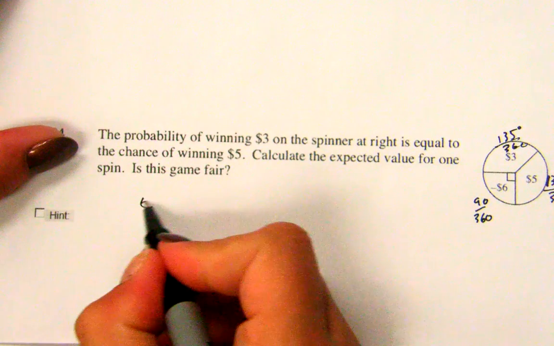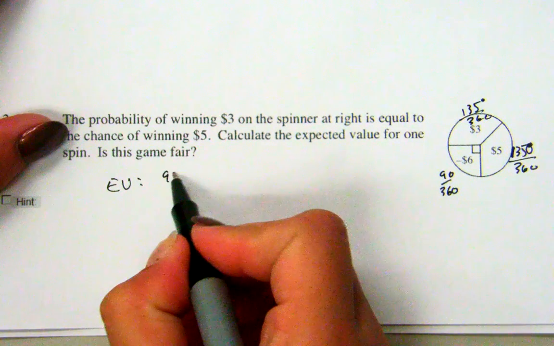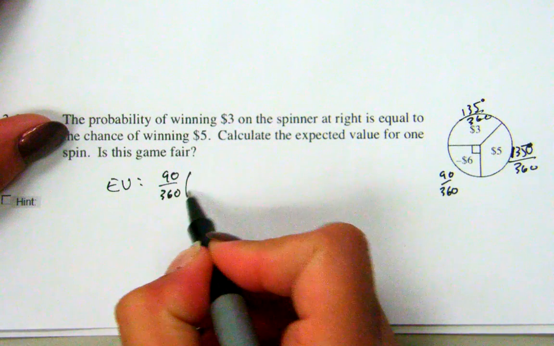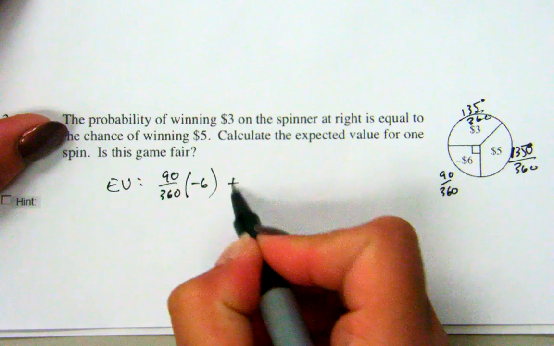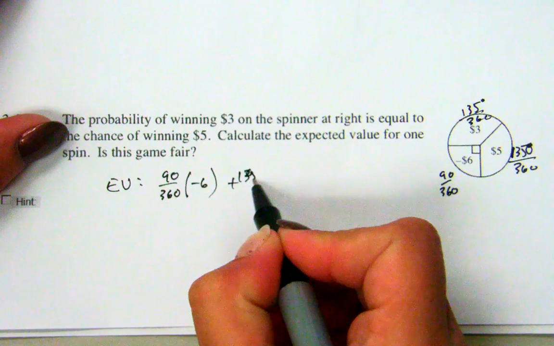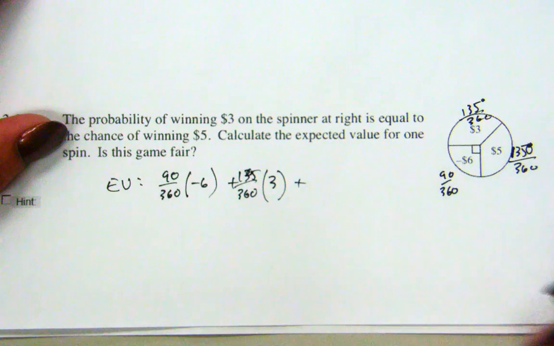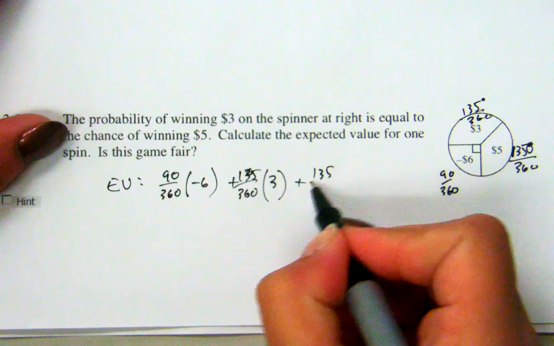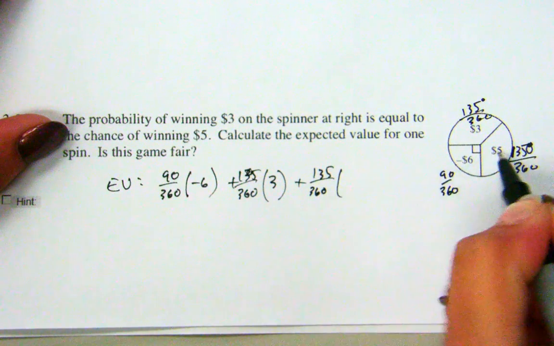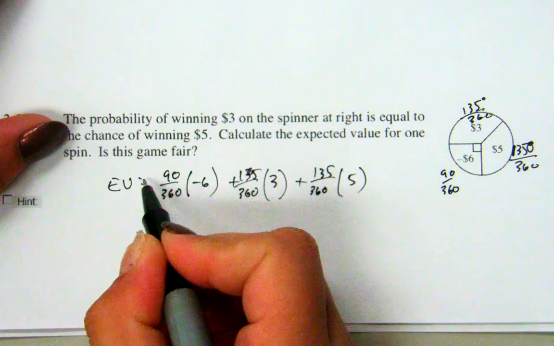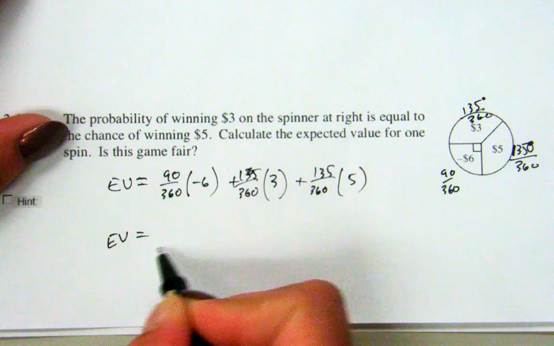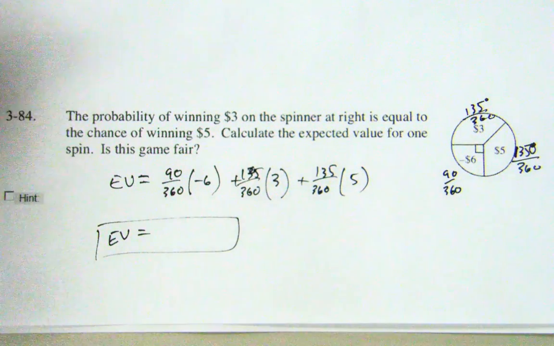So the setup for this expected value would be 90 out of 360 for -6, plus 135 out of 360 for $3, plus 135 out of 360 for $5. Okay, so just calculate what is the actual expected value per game for this.